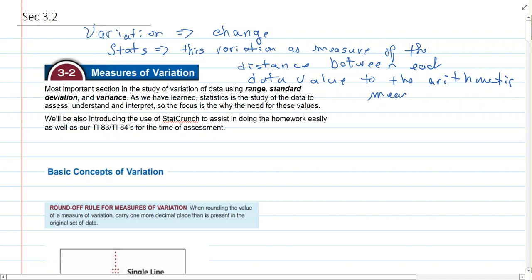So this variation can give us a clue of the spread by the value of it.